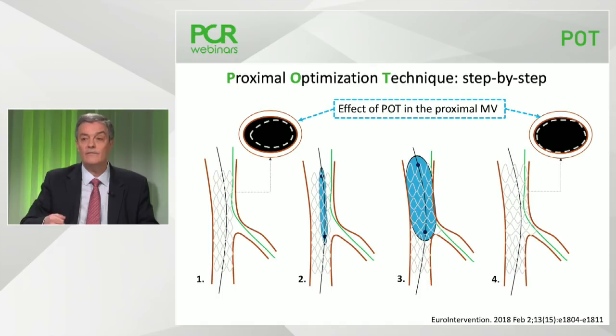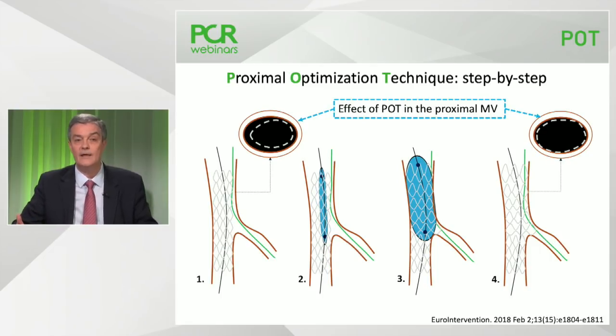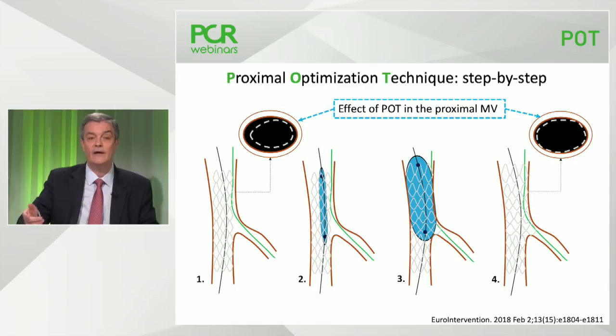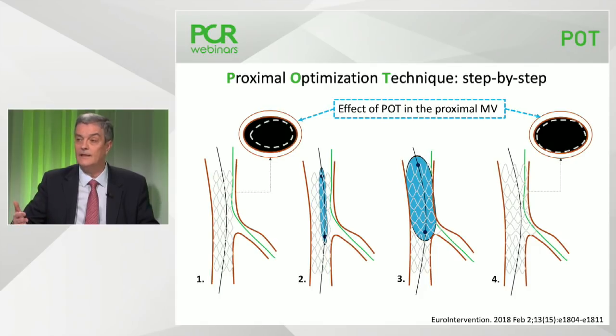Then you inflate until you fully expand the stent proximally, and as a consequence, you will have a jailed wire, but you also have, as depicted in panel number 4, much better stent expansion.